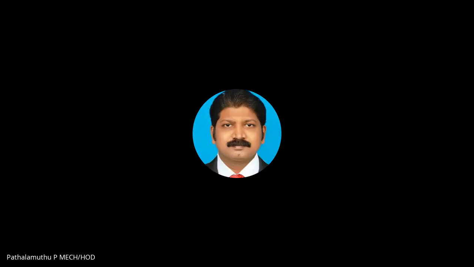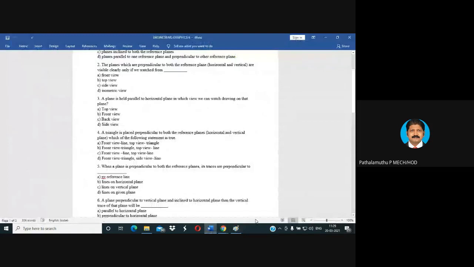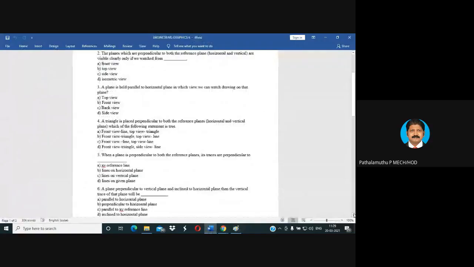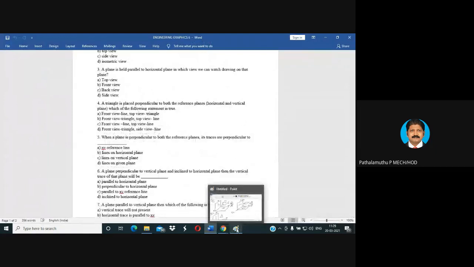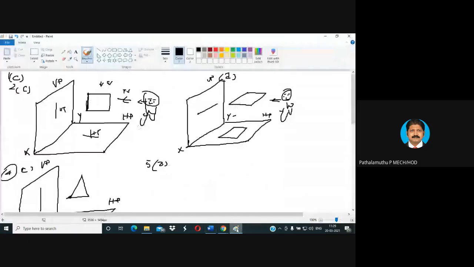Then the vertical trace of the plane will be what? Before going to the answer, draw the diagram in the first quadrant, with the horizontal plane and vertical plane. The plane surface is perpendicular to VP and inclined to HP.